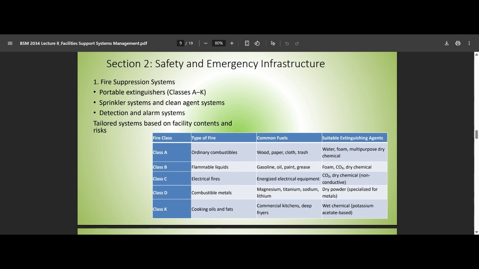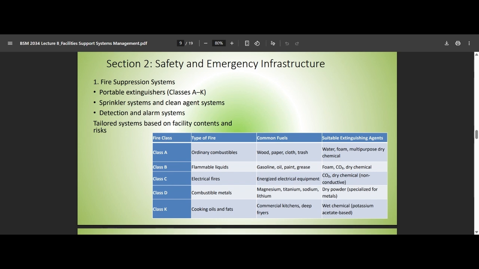Okay, now when we talk about classes A to K, they have categorized fire into 5 categories: class A, class B, class C, class D, and lastly class K. Now I will go through one by one. What is class A? Class A is ordinary combustibles.